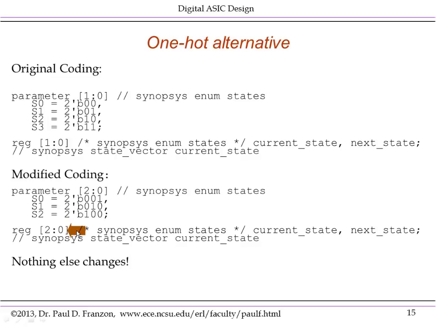Now the state vector is 3 bits wide, and we change the coding for S0, S1 and S2 so that one of those bits is hot at any particular time. Since S3 was an illegal state, we don't produce a code for that. Why waste an extra flip-flop on an illegal state? So this is a very simple change if you need to go from a minimally encoded machine to a one-hot machine, because nothing else has to change. These are all the changes that are required in the template a couple of pages ago.